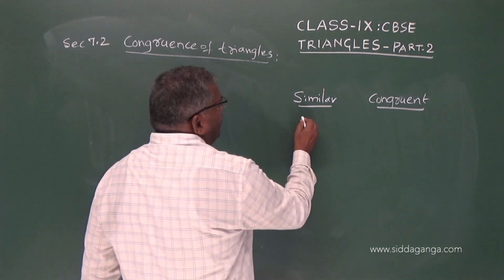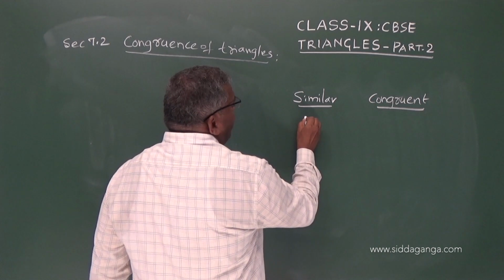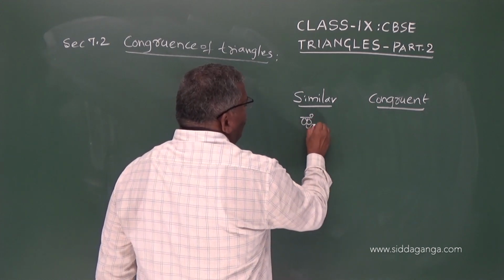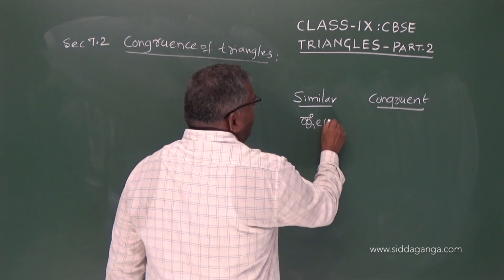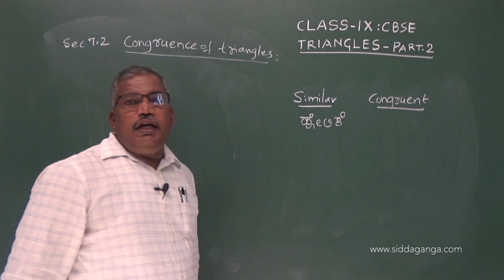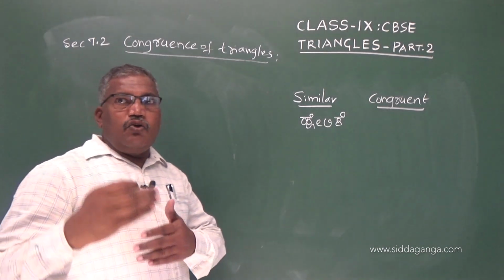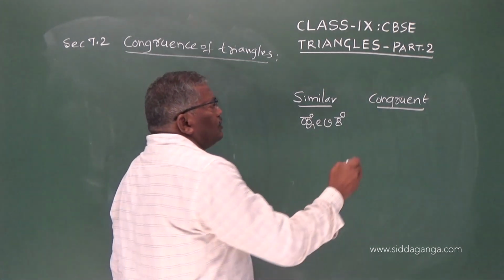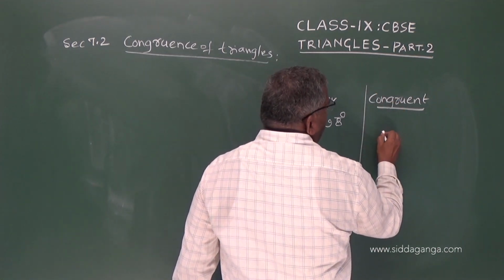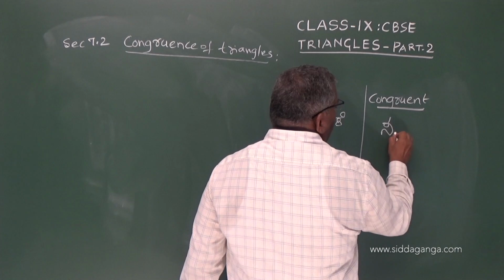In Kannada, similar means ಹೋಲಿಕೆ. ಹೋಲಿಕೆ means it looks like. For congruence we say sarvasama.